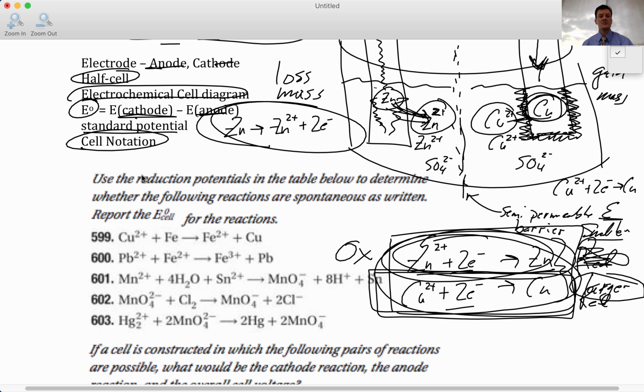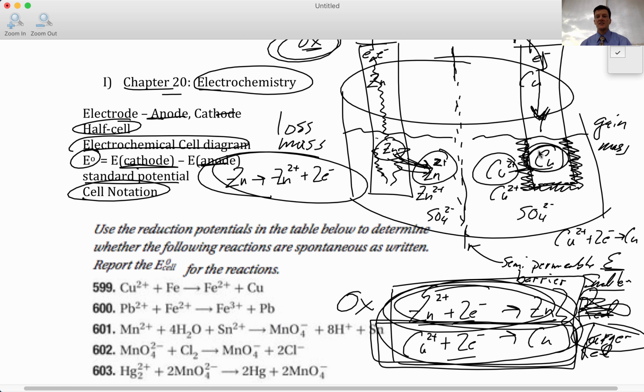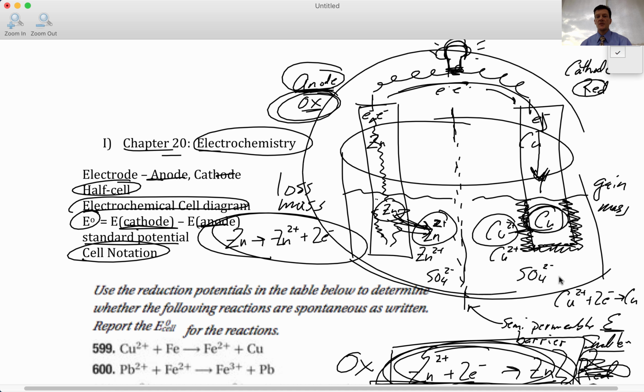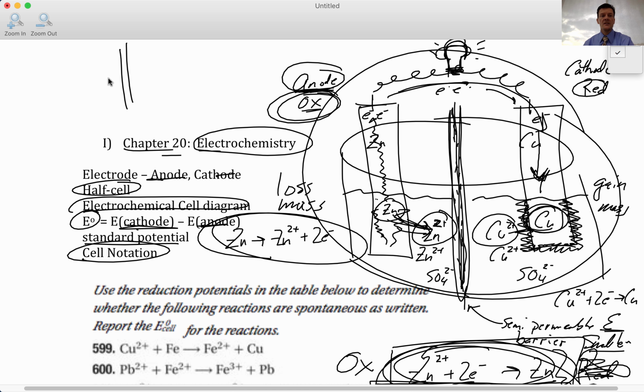The cell notation is basically taking this galvanic cell, this whole diagram right here, and writing it in shorthand. So we draw two vertical lines. That represents the barrier here in the middle. And on either side, we have ions, a solution that has ions in it. On the left, we've got our zinc 2 plus, and you might see a concentration there. On the right, we've got our copper 2 plus, maybe with a given concentration.